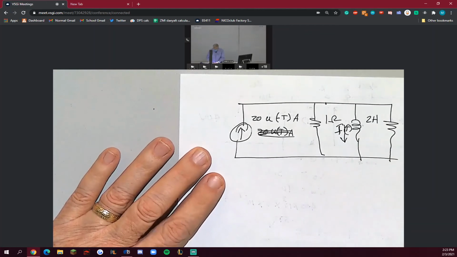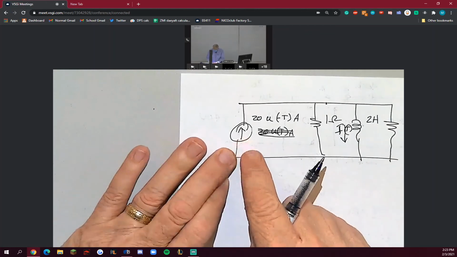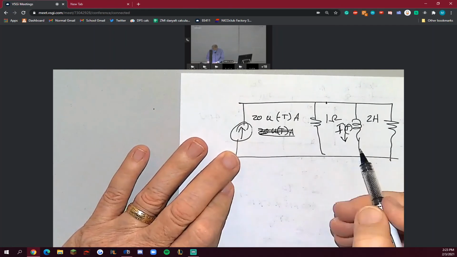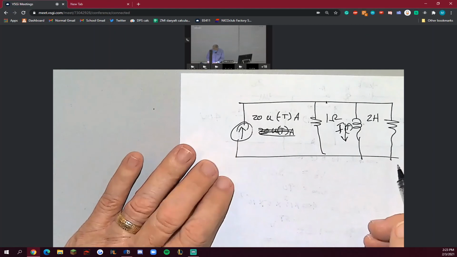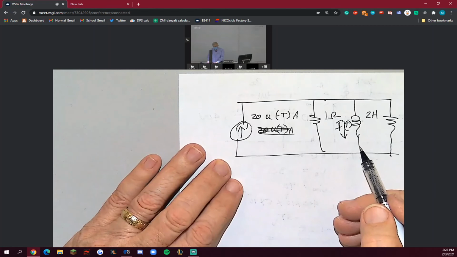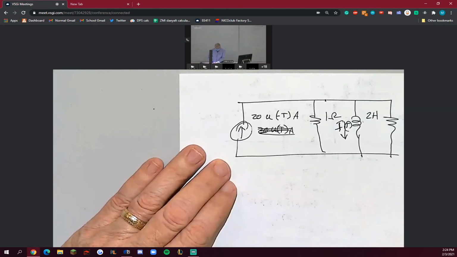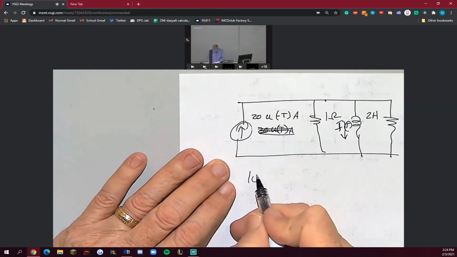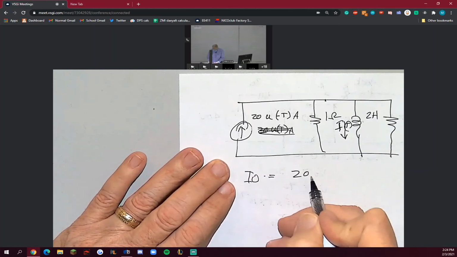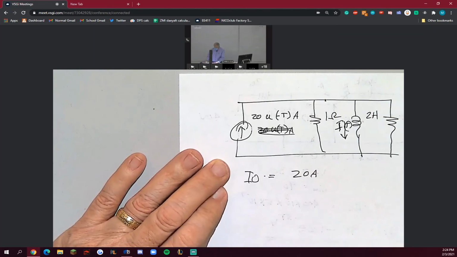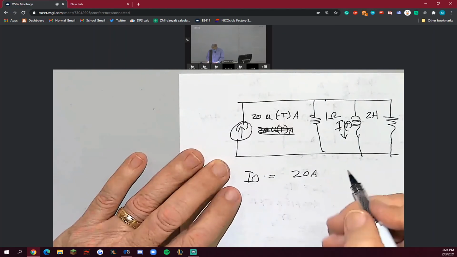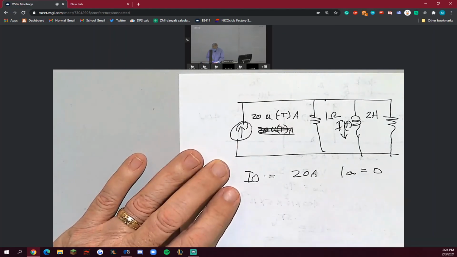And so at t0, we've got 20 amps going in, and there's a resistor, the inductor, another resistor. They're all in parallel, but the inductor will look like a short circuit. So all of that current is going to go through there. So I0 is equal to 20 amps. Now for I infinity, at t0, the source goes away. So that means I infinity is equal to 0.